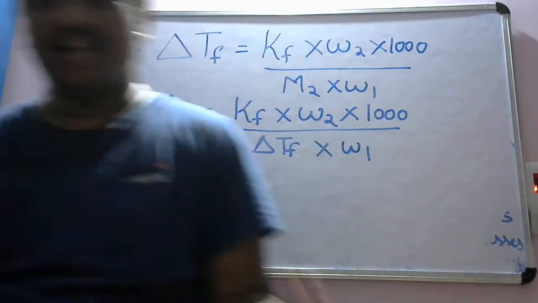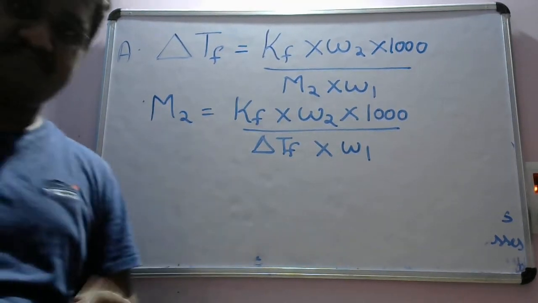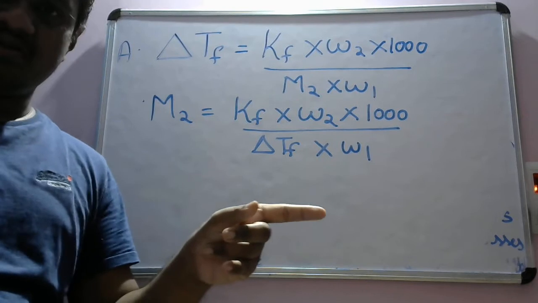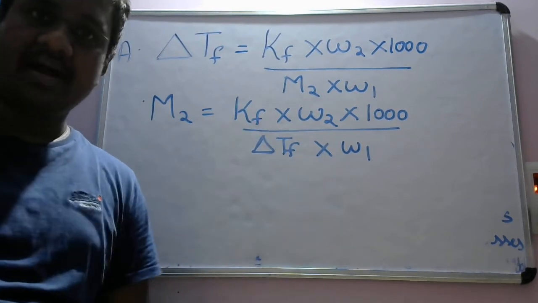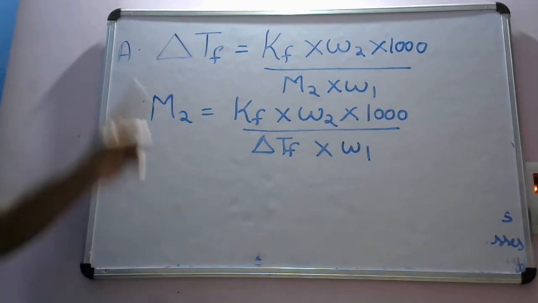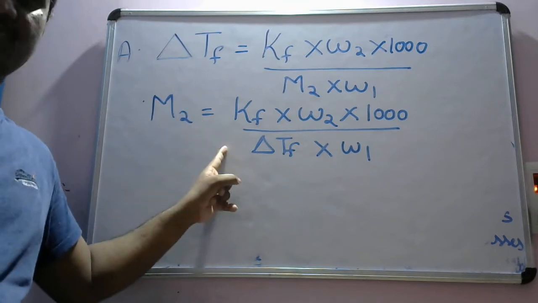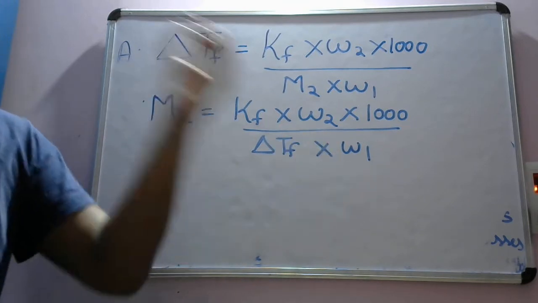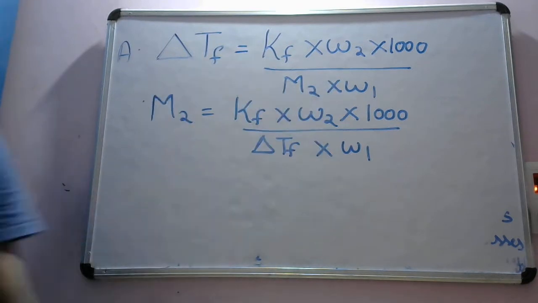Whatever molar mass you calculate will be different. Although the elements A and B are present in both, since the chemical formula is different, the molecular mass will obviously be different. So the molecular mass and delta Tf will be different when we apply this equation to AB2 and AB4. Rest all will be the same.